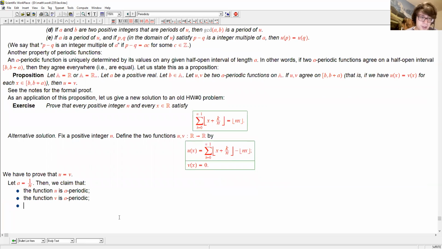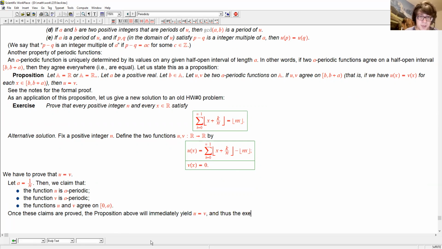And finally, u and v agree on a certain interval of this form, and actually for b equals 0. So I pick b equals 0. So I have to show that they agree on the interval between 0 and a. Once these claims are proved, the proposition above will immediately yield u equals v, and thus the problem will be solved again.